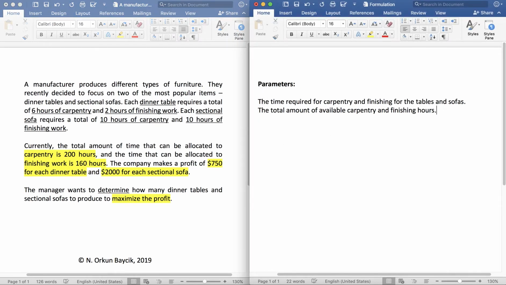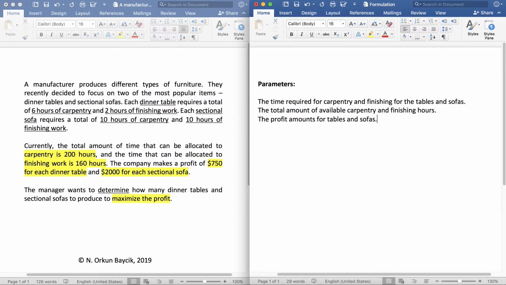And then last, we also know the profit amount for each table and each sofa. So the profit amounts for tables and sofas. Okay, so these are also given.